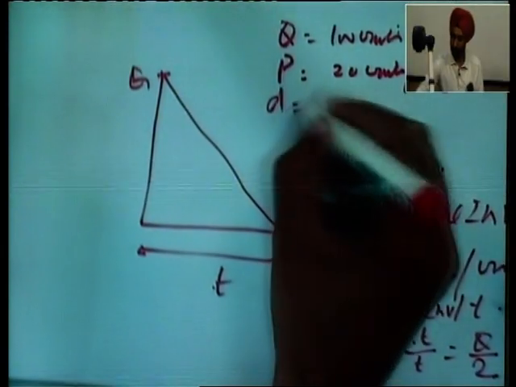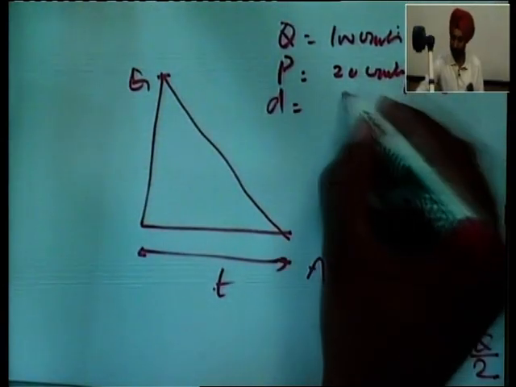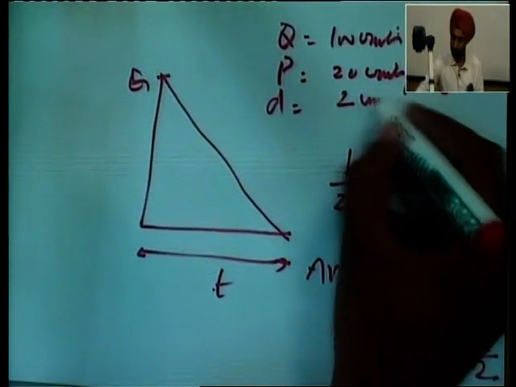D is the daily usage rate, you can say, that is 2 units per day.